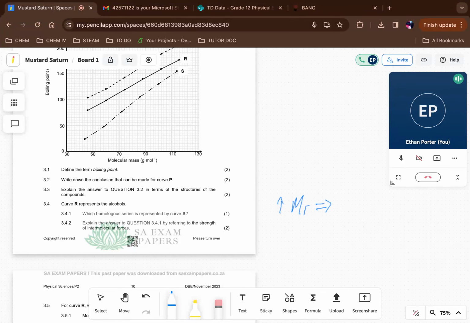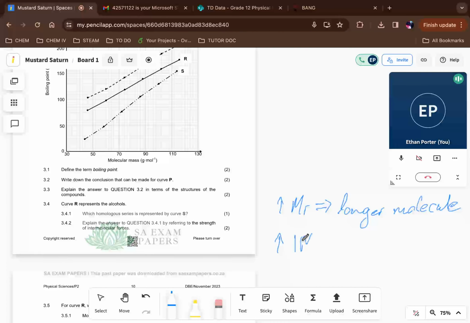And if we have a longer molecule, it means we have increased intermolecular forces, or IMF for short. It doesn't matter how you phrase this, you just need to basically get to the point that there's more intermolecular forces with longer molecules, there's more sites for London forces. And if there's more intermolecular forces, well, now we need to relate that.